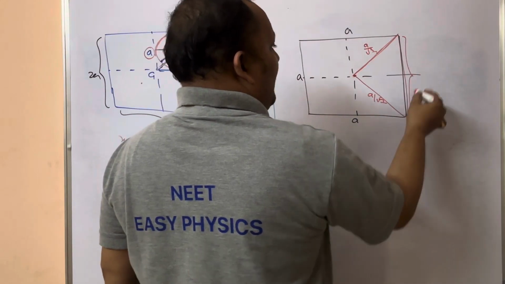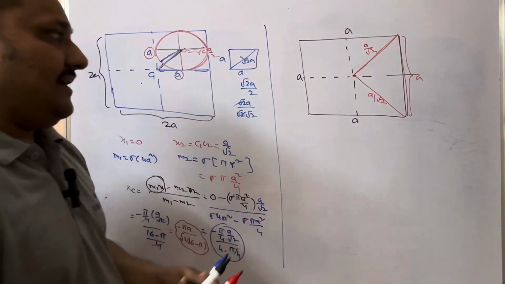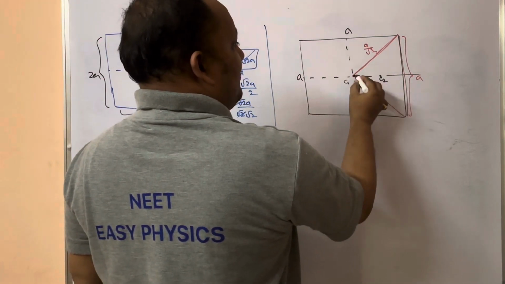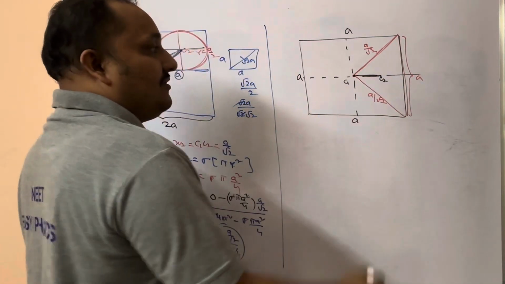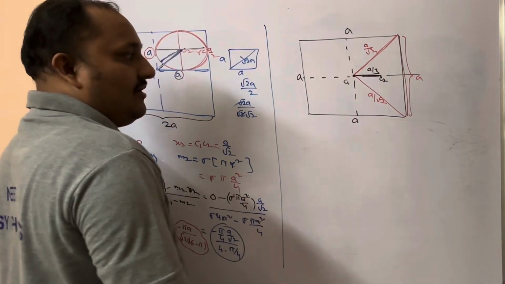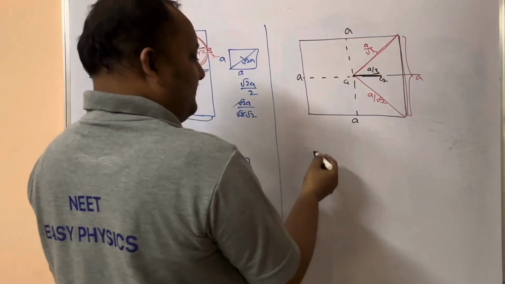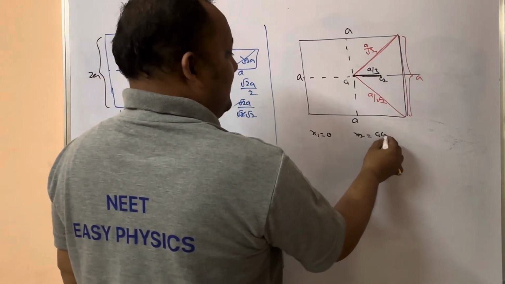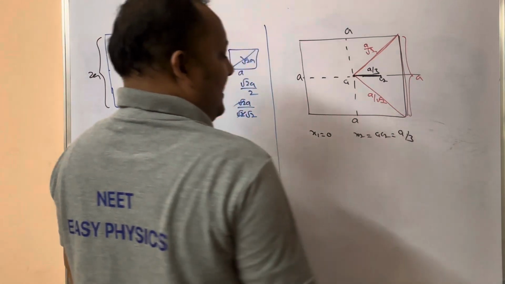This is going to be an isosceles triangle. For this, C1 is at the origin. Where is C2? This distance is important. What is this distance? A by 3, according to the center of mass in mathematics. Now x1 is 0, and x2 is C1 C2, which is a by 3.